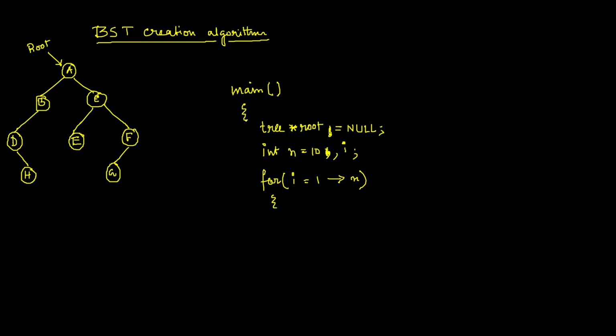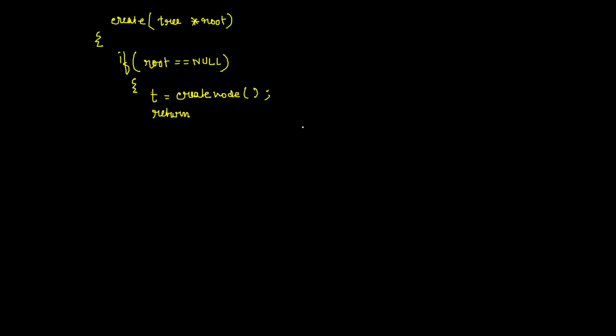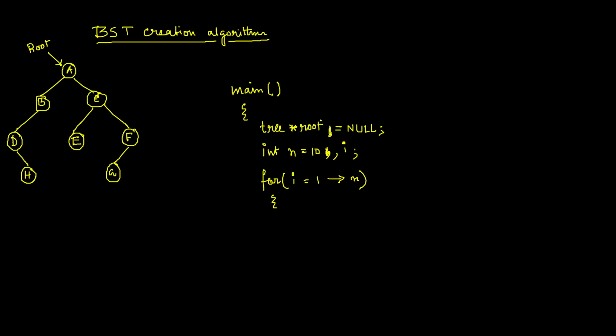That means if you don't update the root variable after creating this node the first time, then at the time of calling the create function the second time in the loop, the parameter value will remain the same.